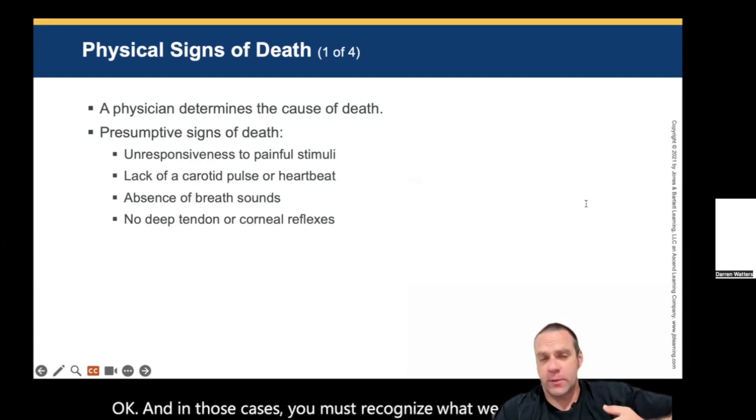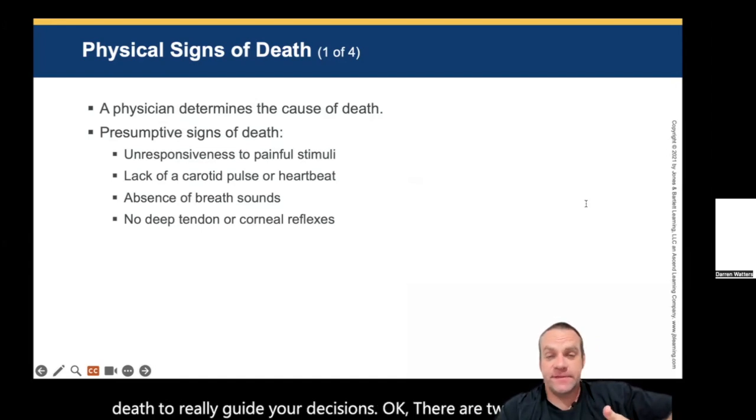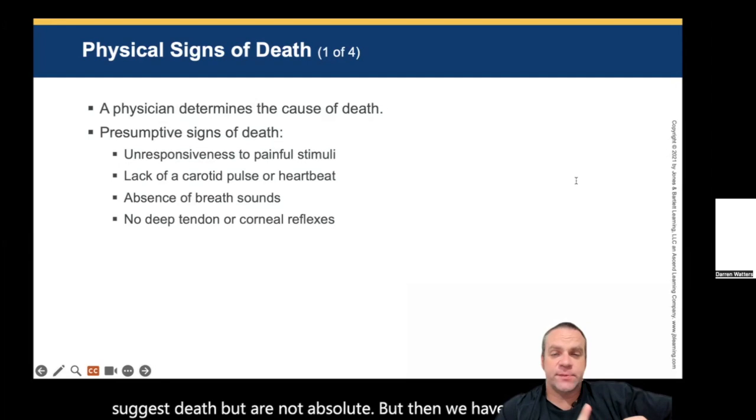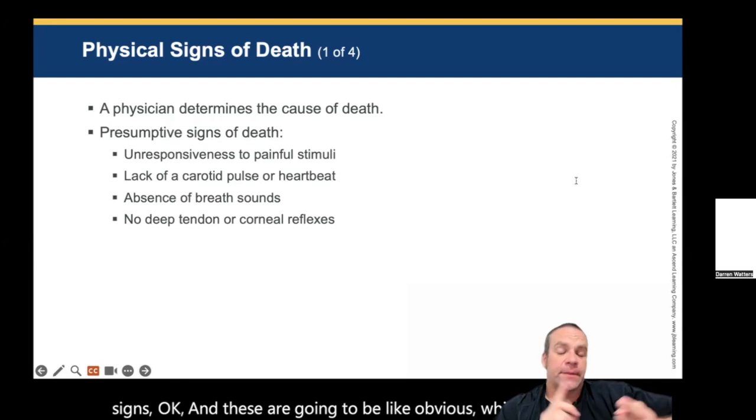There are two categories. We have presumptive signs, which suggest death but are not absolute. Then we have definitive signs, which are obvious and conclusive.